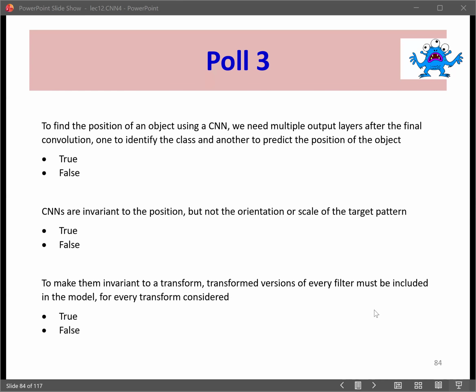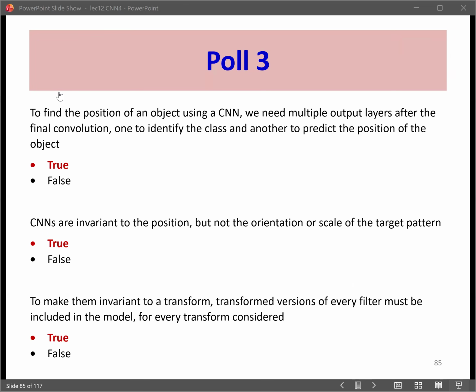Okay. Anybody want to tell me the answer to the questions? True, true, true. Are you sure? Let's see. True, true, true. Indeed, you're right. To find the position using a CNN, we need multiple output layers after the final convolution: one to identify the class, the other to predict the position of the object.